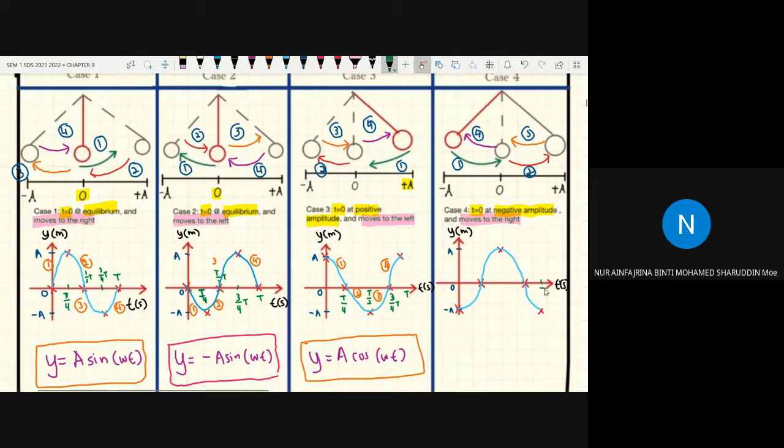This is T, this is 3/4 T, this is T/2 and this is T/4. Then label them 1, 2, 3, 4. You will get the graph y equals negative A cos omega t.